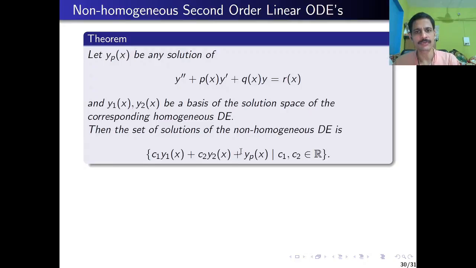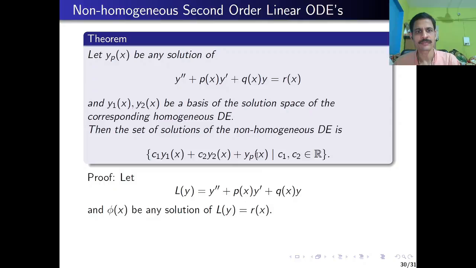We will see the proof of this theorem. So let L(y) be defined as y'' + p(x)y' + q(x)y, and let phi(x) be a solution of L(y) = r(x). What is L(y) = r(x)?